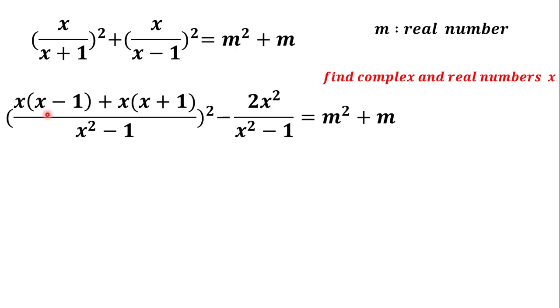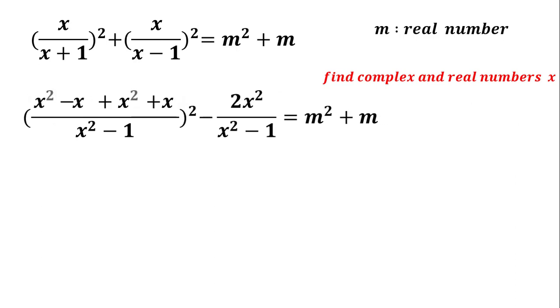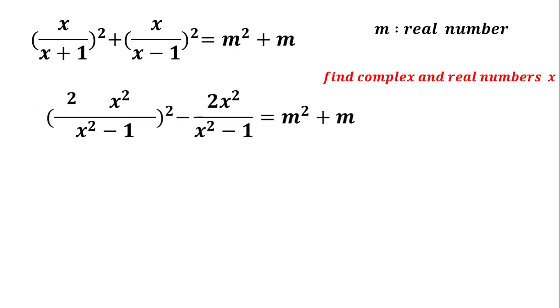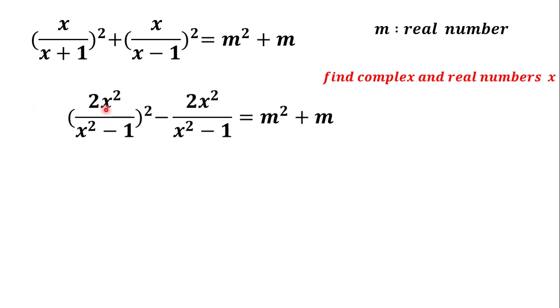Now we multiply x minus 1 and x plus 1 by x. Minus x plus x is going to cancel out, and we get 2 times x squared.